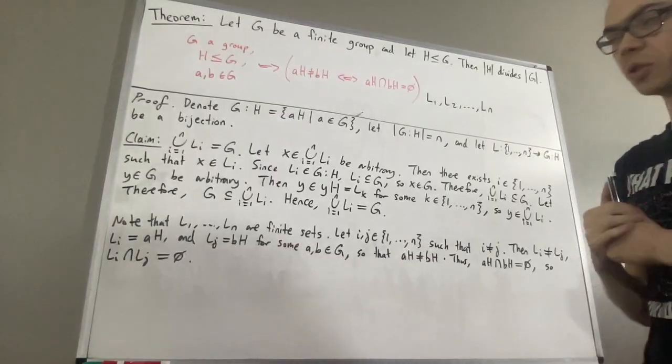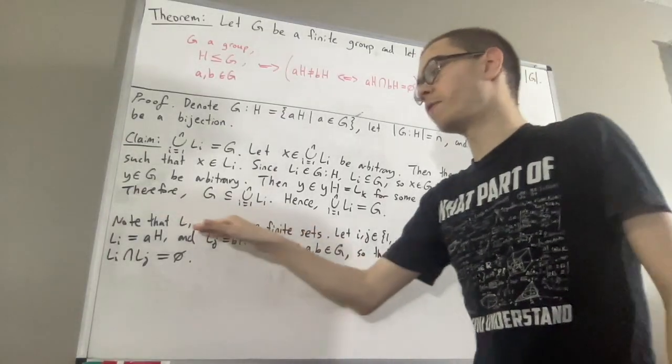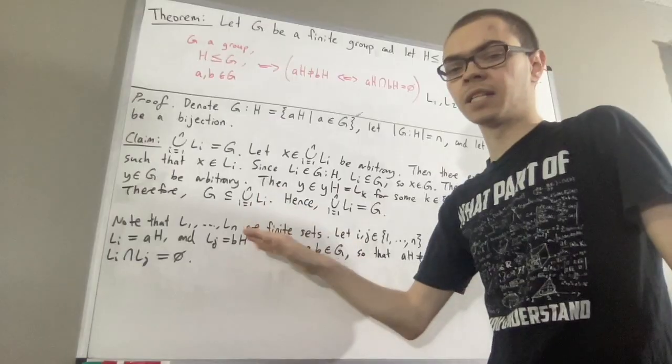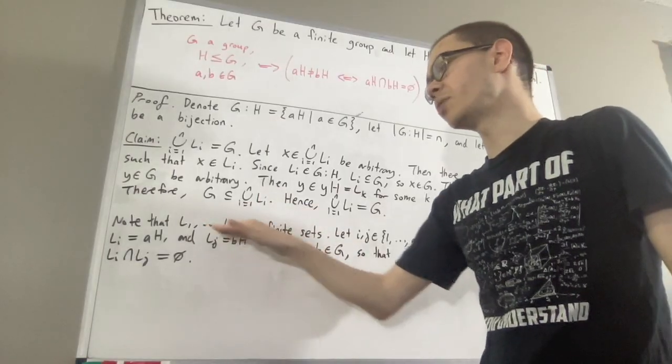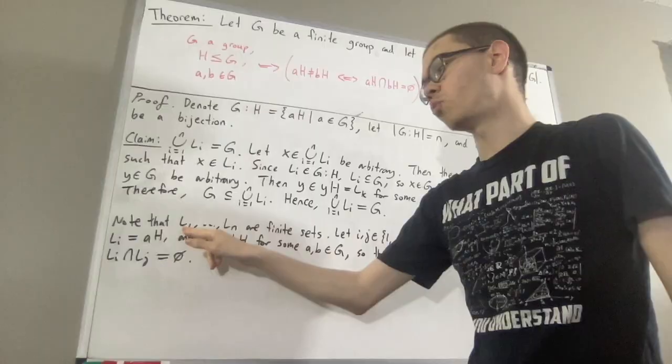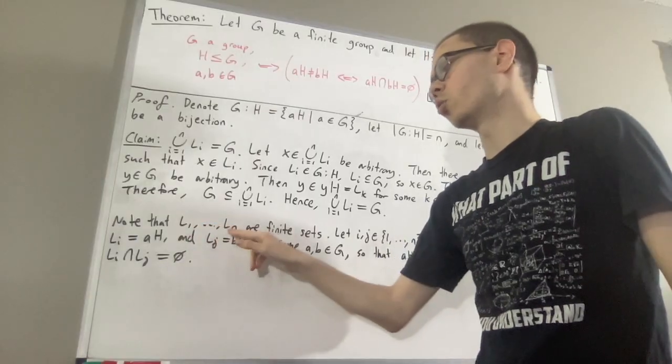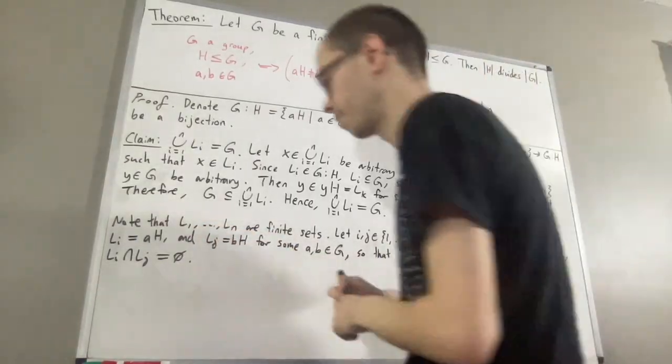So now we can conclude that the union of all of these sets is a finite set, and that the number of elements in the union is equal to the number of elements in L1 plus the number of elements in L2, all the way up to the number of elements in Ln.